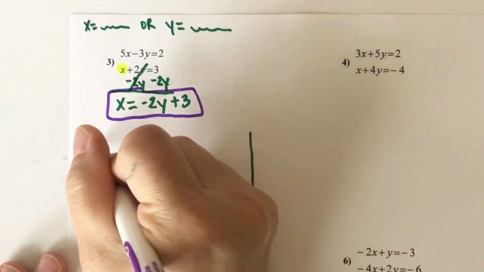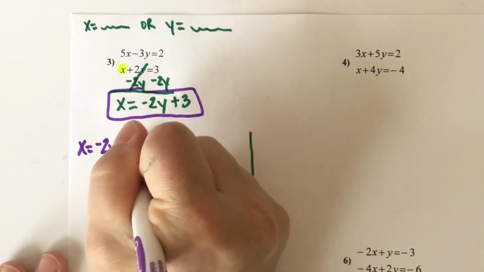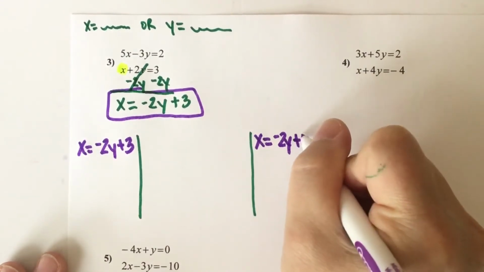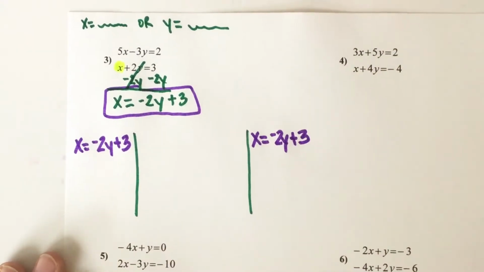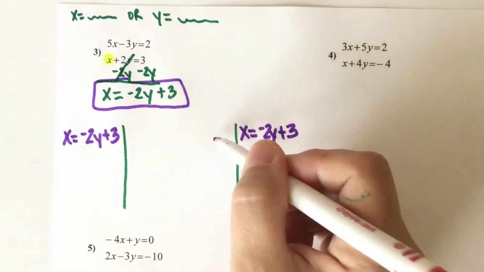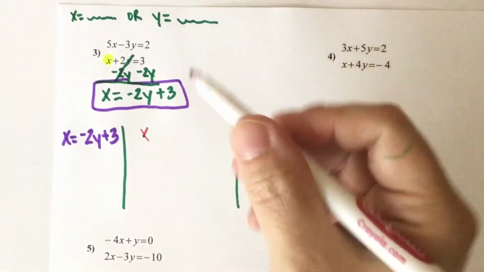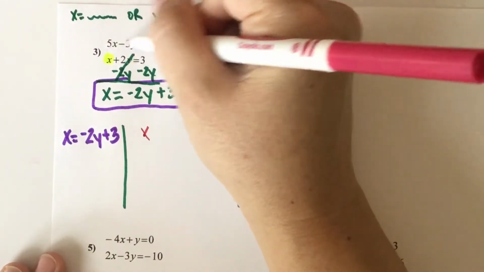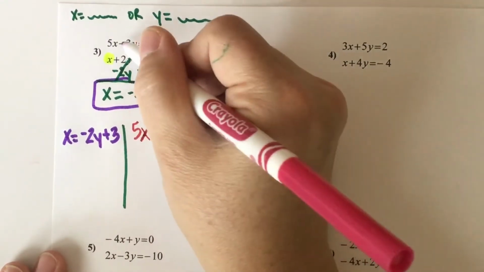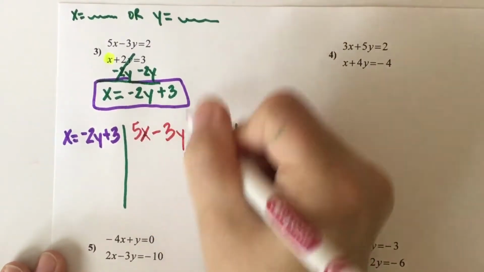So it goes in the first column and the third. The other equation is going to go in the middle. Ooh. I'm starting to write the wrong one. This is my other equation, so that's what goes in the middle. 5x minus 3y equals 2.